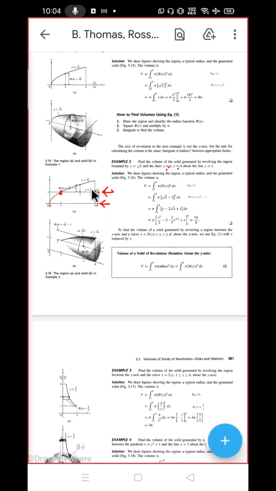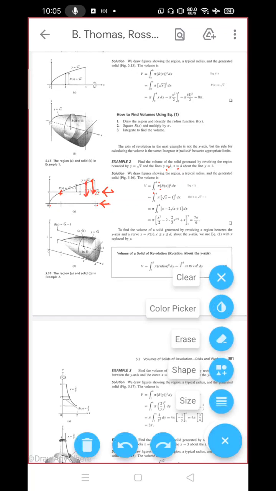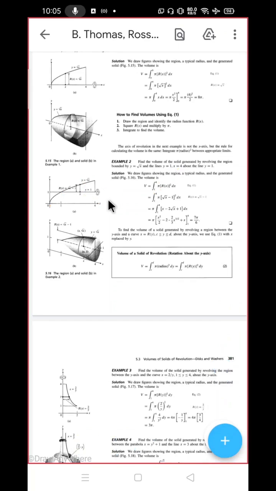So you have got your function. What is your function? The integration from 1 to 4 of pi r(x) the whole square dx. What was r(x)? r(x) will be working as this radius. This is called the radius function. So how can you find this? I already told you, you just have to insert a ray.